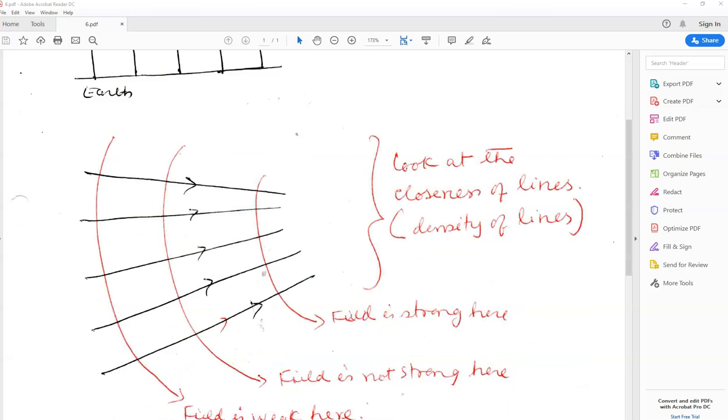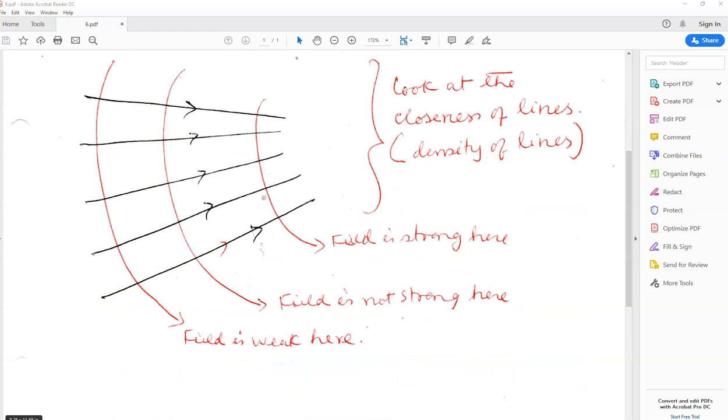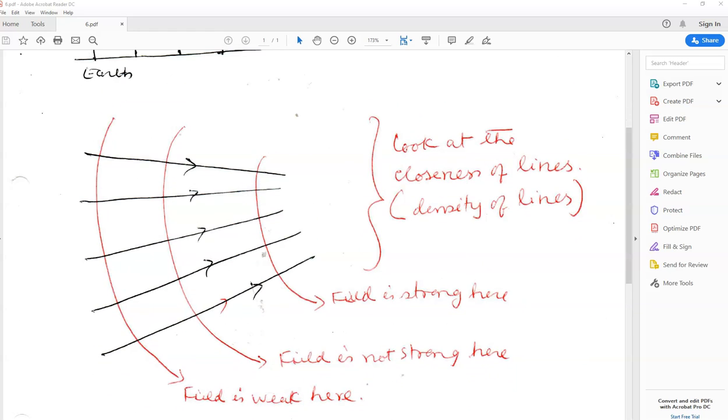Similarly, here I got gravitational field lines that are converging. There could be a mass here. If you look at the closeness of the lines, at this distance the lines are very close. You can say that the field is strong here.